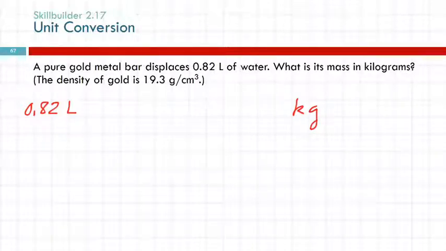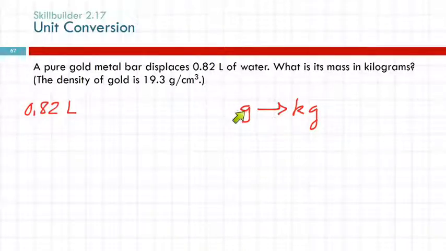So this one's a little more challenging. I'm looking at this density, and it doesn't give me the density in kilograms per liter. It gives it in grams per cubic centimeter. But I can convert grams to kilograms, right? So if I had grams here, I could get to kilograms because I know what kilo means.